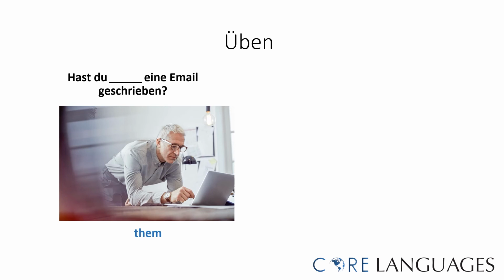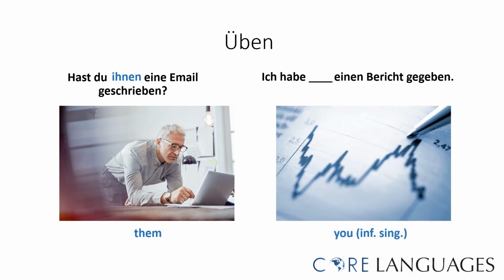The correct sentence is, hast du ihnen eine E-Mail geschrieben? Ich habe einen Bericht gegeben. The indirect object is you, informal and singular. I have given you a report. The correct sentence is, ich habe dir einen Bericht gegeben.